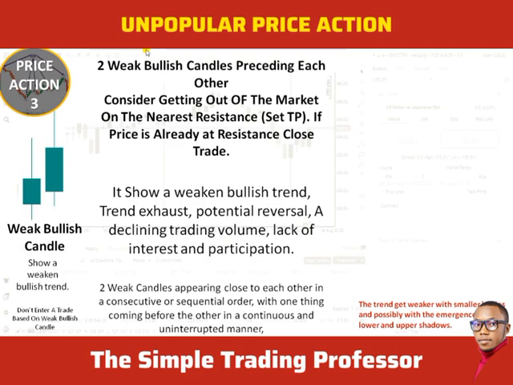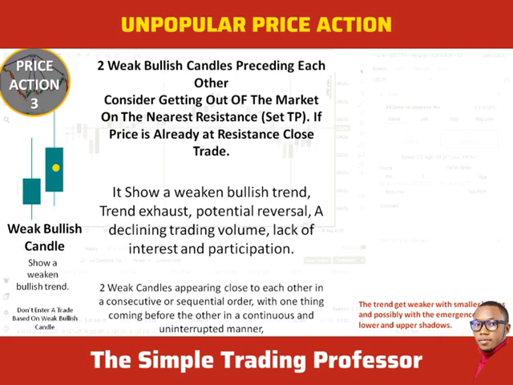Now there is something you must take note of. When you see two weak bullish candles preceding each other, especially after a long bullish movement, you want to consider leaving the market.